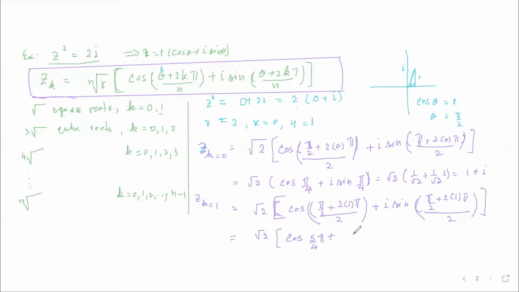And plus this side the same, i sine, same thing, 5 over 4 pi. You see that's the same value as the previous one, right, when we use trigonometry. And then you simplify. For final it's going to be what? -1 minus i. Okay, so now this is the answer.